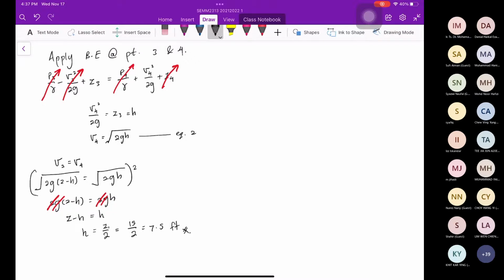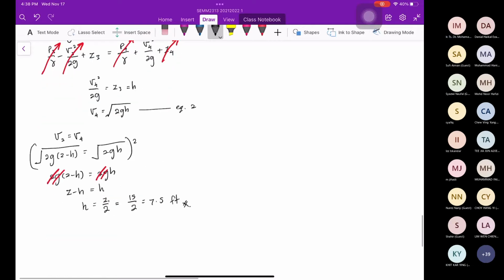Okay, have you done copying? Have you done your writing? Do you have any question? Do you understand? Aisyah, Alia Maisarah, any question from your side? No, doctor. Okay.